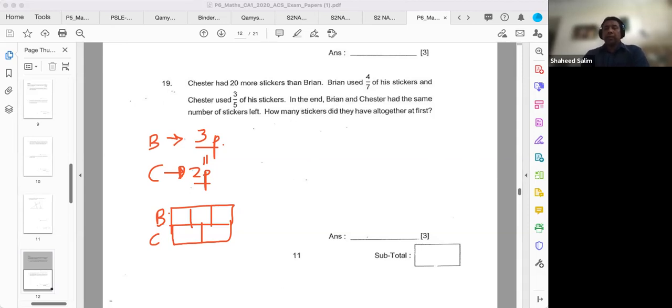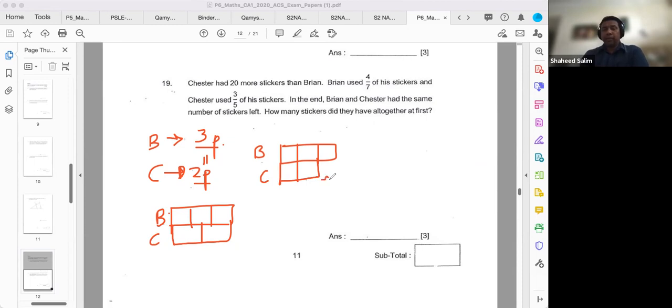So this is what HIlwaa drew. Then you say this one is C, B, like that.